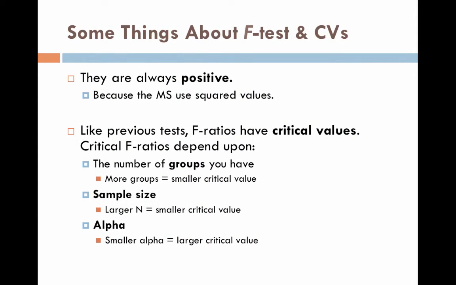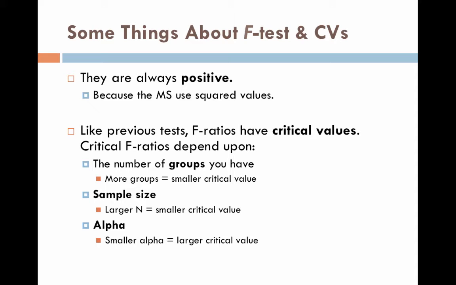All right, some things before we actually make our decision. The thing about your F-test is that your F statistic will always be positive. The reason for this is because your mean sum of squares is simply squared values, so you're never going to have a negative number in any of your calculations.